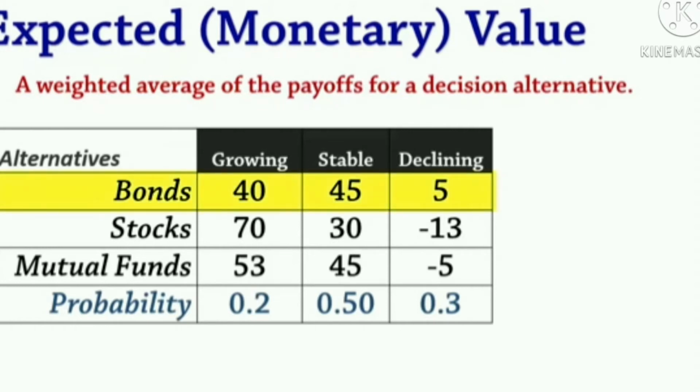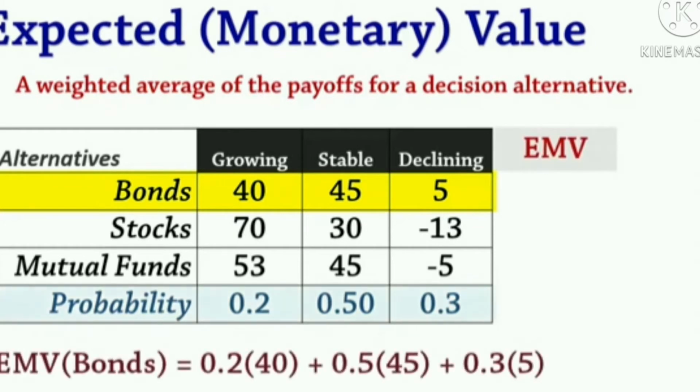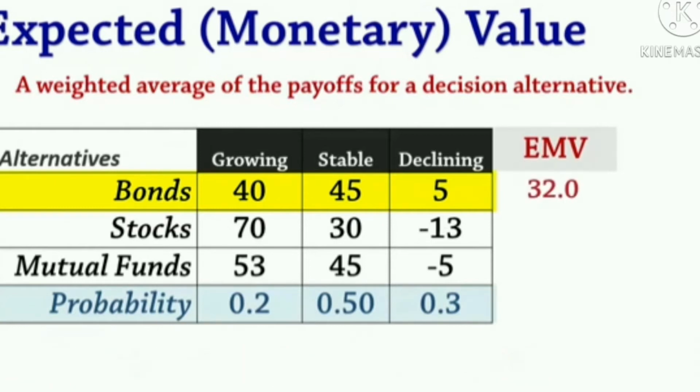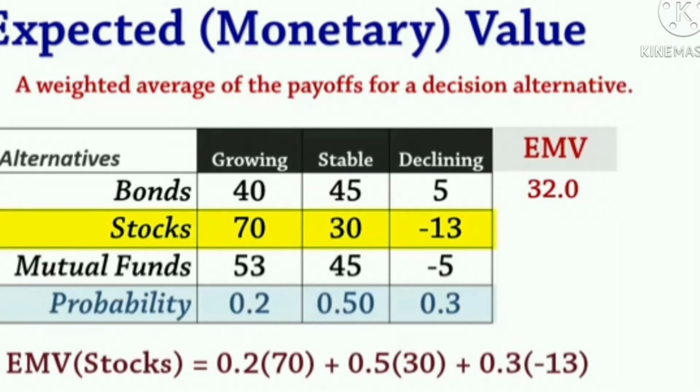For bonds, the expected value is calculated as 0.2 times 40 plus 0.5 times 45 plus 0.3 times 5, which equals 32. For stocks, the expected value is 0.2 times 70 plus 0.5 times 30 plus 0.3 times negative 13, which equals 25.1.